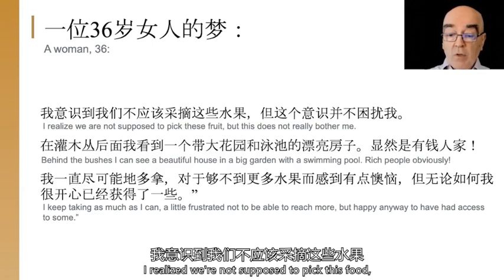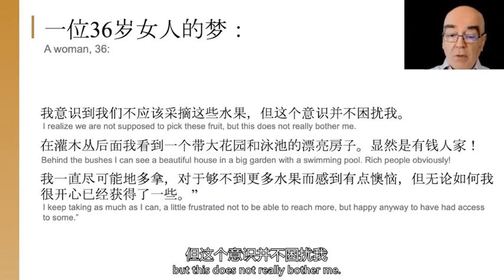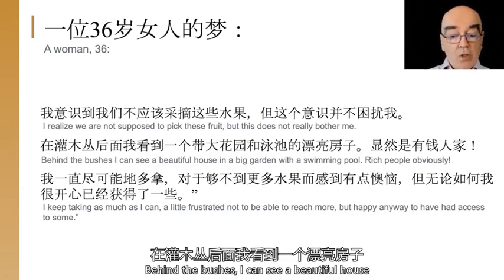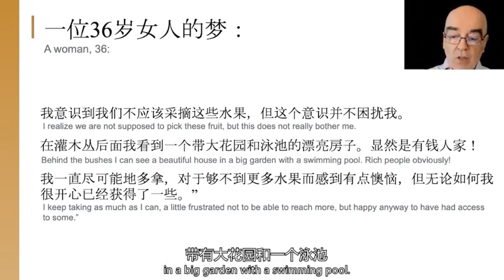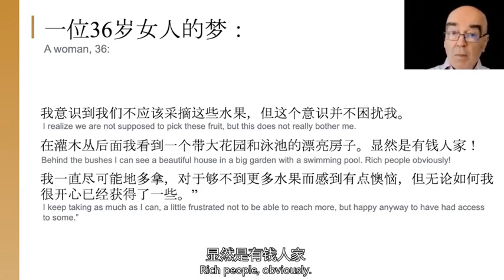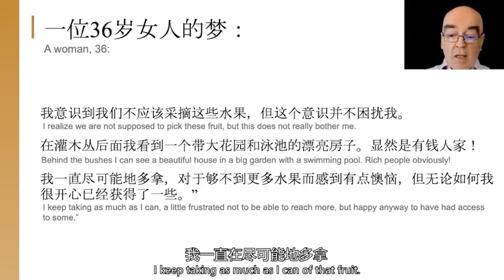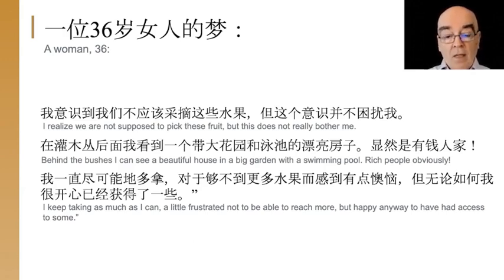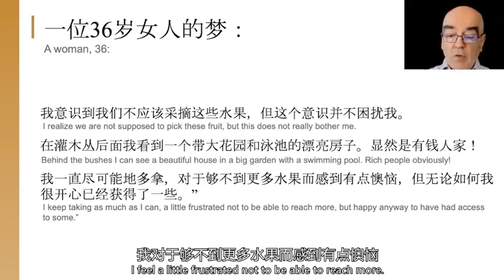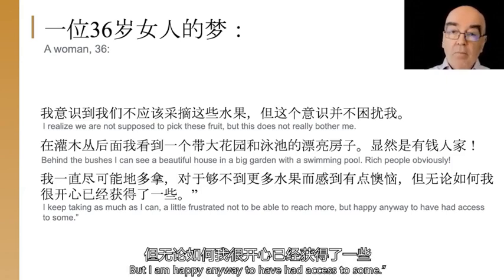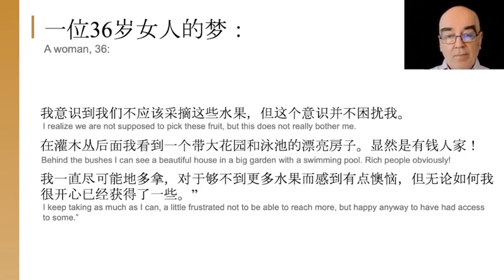I realize we're not supposed to pick this fruit, but this does not really bother me. Behind the bushes, I can see a beautiful house in a big garden with a swimming pool. Rich people, obviously. I keep taking as much as I can of that fruit, and I feel a little frustrated not to be able to reach more, but I am happy anyway to have had access to some.